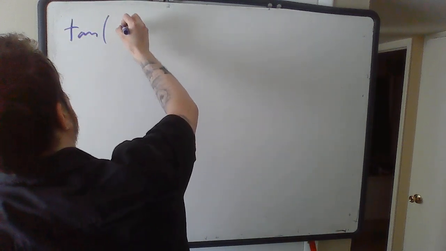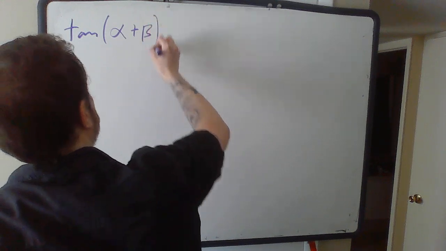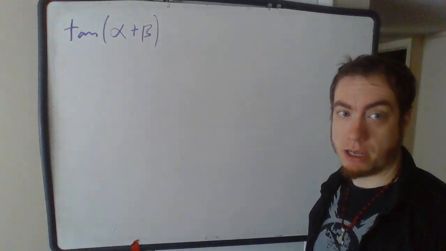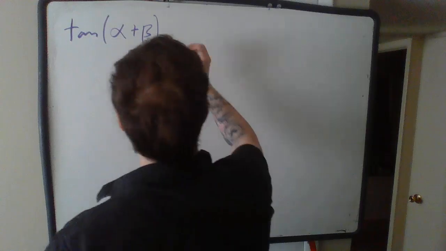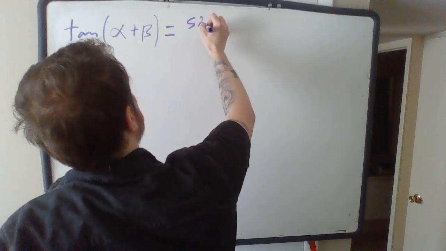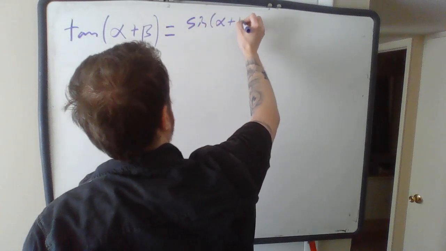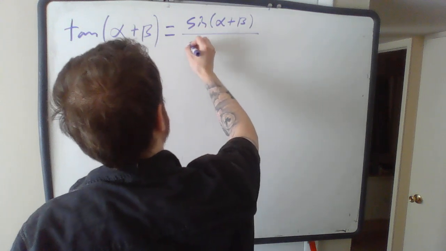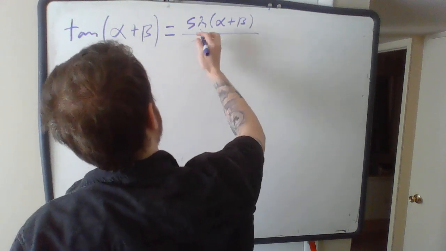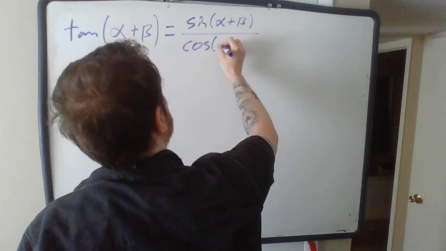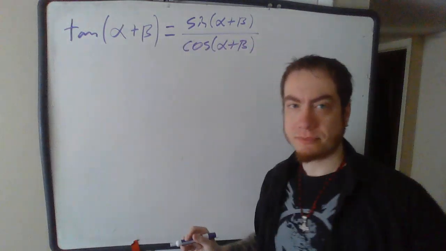So if I wanted to, for example, find the tangent of alpha plus beta, so two angles alpha and beta. Well, the way that I can do this is I can remember that this is the sine of alpha plus beta divided by the cosine of alpha plus beta.